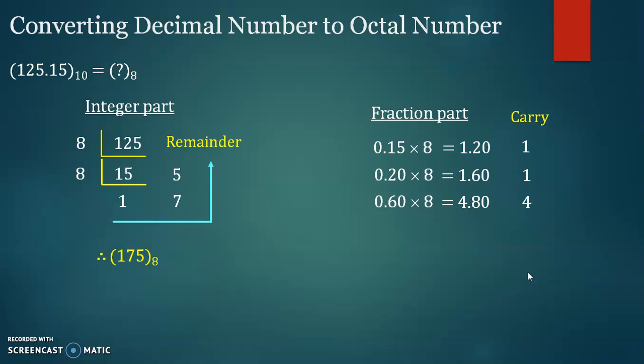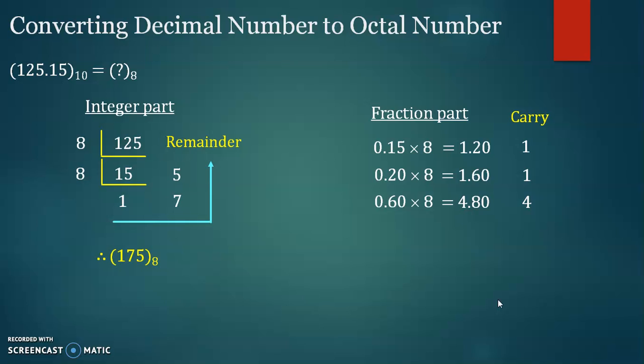Now I am not going further because this multiplication will continue forever. Whenever the situation appears that this multiplication continues and continues and no 0 appears in the fractional part, you can proceed up to 3 or 4 steps and then stop the multiplication.